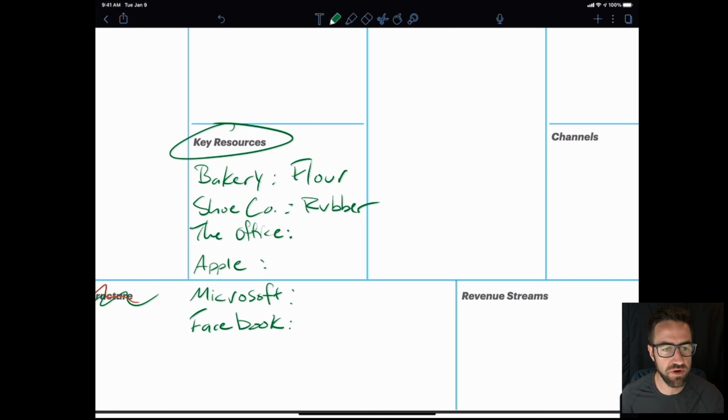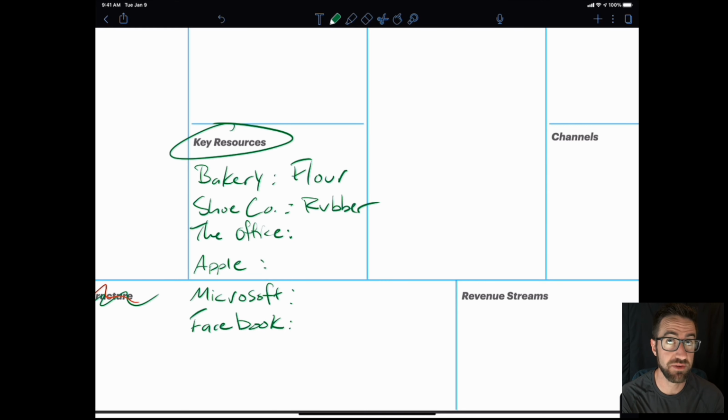Okay, a TV show, The Office. This is interesting. What are some of the key resources for a media production, right? You need a camera crew, but is a cameraman a key resource, or any cameraman to perform that function? You just need a cameraman, not that specific cameraman. Okay, so think of it that way.